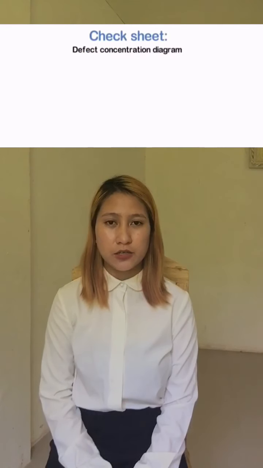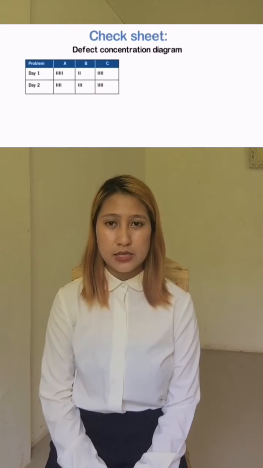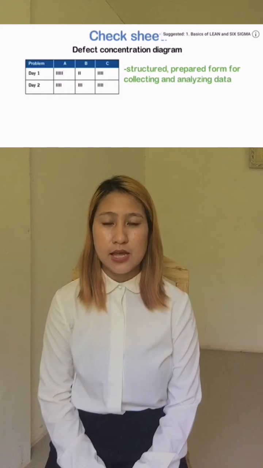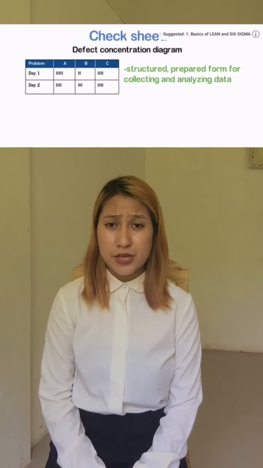Check sheet, also called defect concentration diagram. A check sheet is a structured, prepared form for collecting and analyzing data. This is a generic tool that can be adapted for a wide variety of purposes. When to use a check sheet.